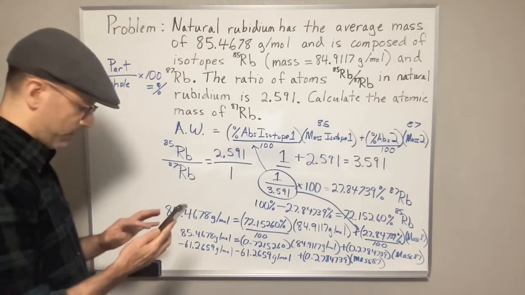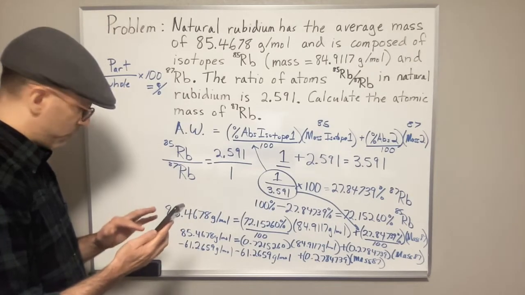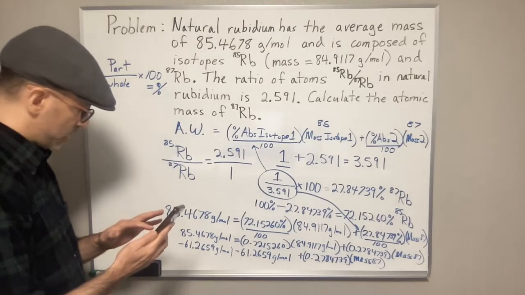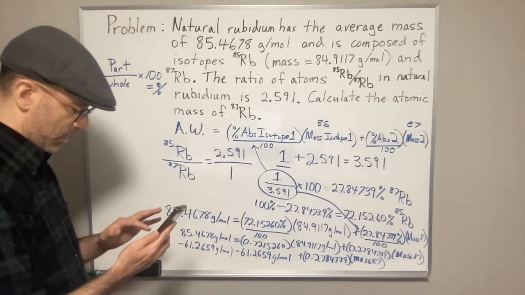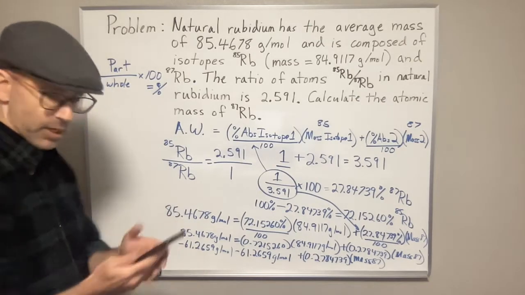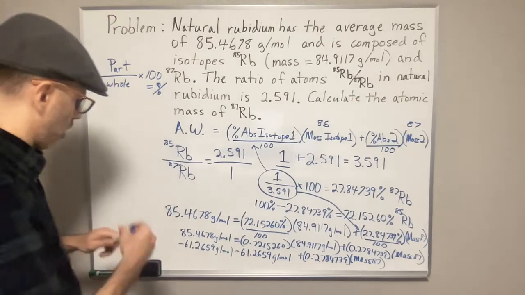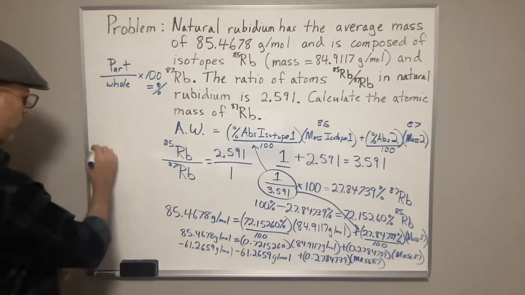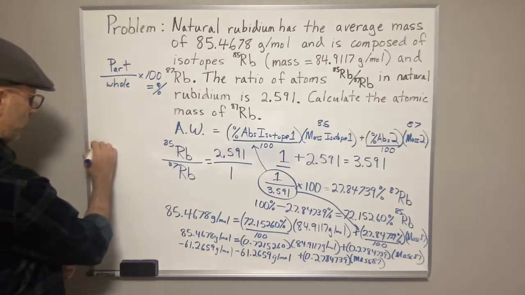So 85.4678 minus that equals, and you get 24.2018 grams per mole. I'm going to write it over here.